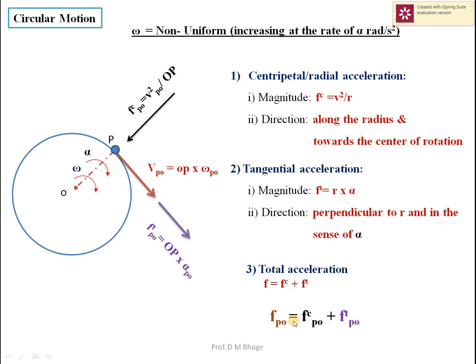FPO, the total acceleration of P relative to O, is equal to FCPO, the centripetal component of P relative to O, plus FTPO, the tangential component of P relative to O. So what you will remember now: every particle in circular motion will have one linear tangential velocity and one angular velocity, and two components of acceleration, centripetal and tangential.